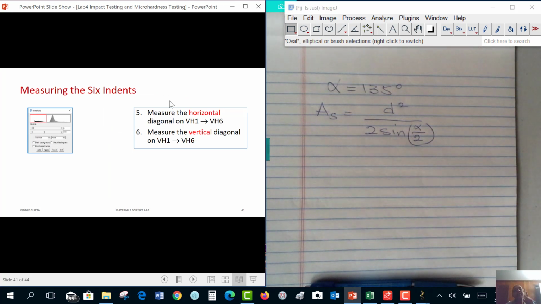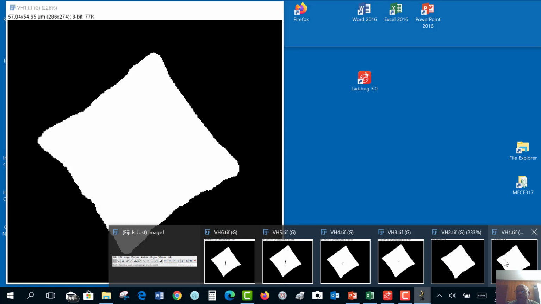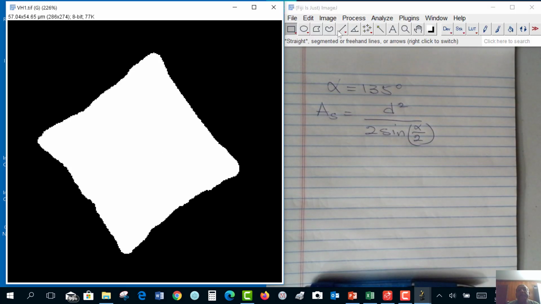Now we are going to measure the horizontal and vertical diagonals. So in order to really keep our spreadsheet clean, best would be to measure horizontal diagonals first and then vertical diagonals. So let's pick up BH1.